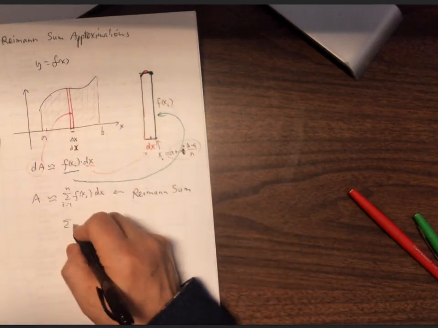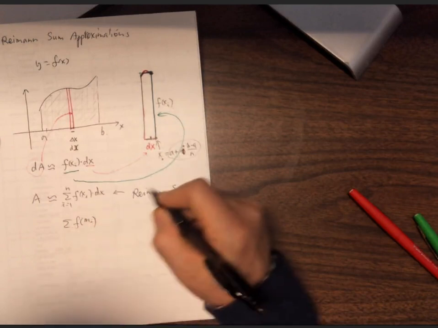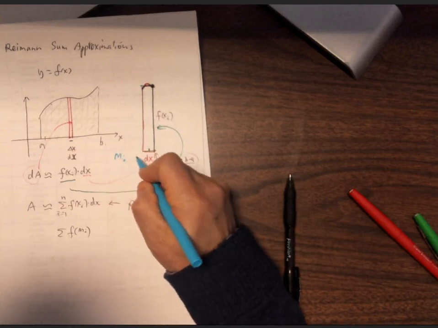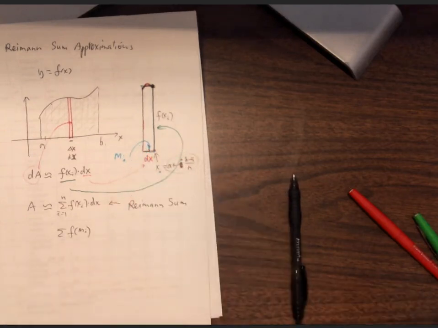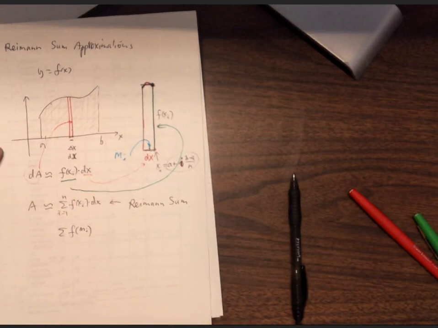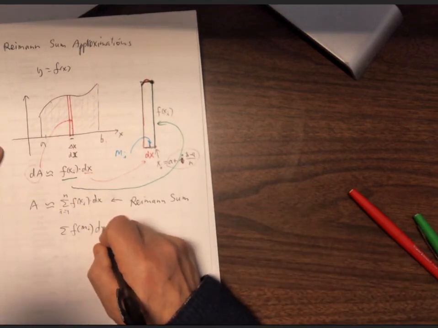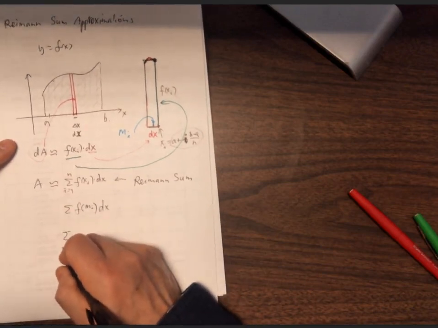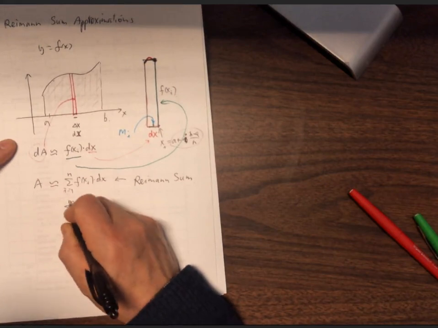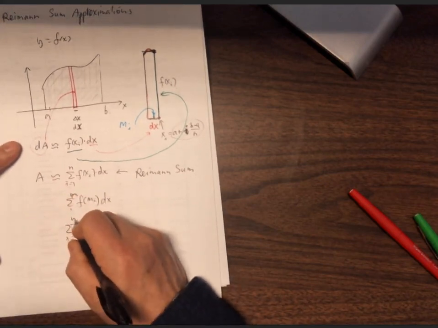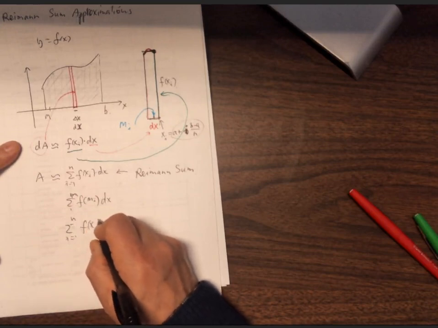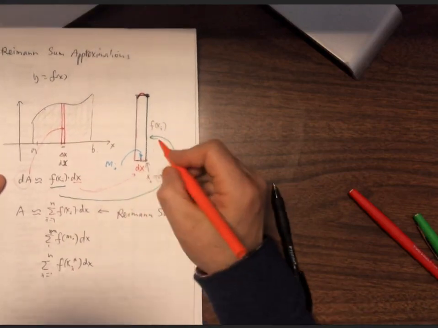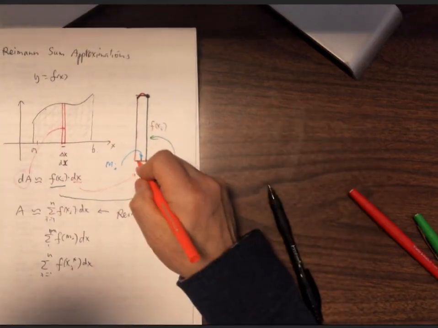We could choose, for example, other cases, middle point. Within each strip we choose a middle point called m i, the middle point from each strip. We would have a middle point approximation. In general, mathematically, we could pick up actually any point, some arbitrary point, just anywhere.